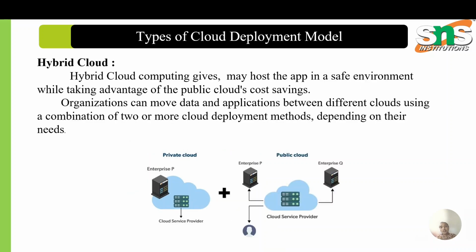The third one is the hybrid cloud deployment model. The hybrid cloud deployment model hosts the application in a safe environment while taking advantage of the public cloud's cost savings. Organizations can move data and applications between clouds using a combination of two or more cloud deployment methods, depending on their needs.